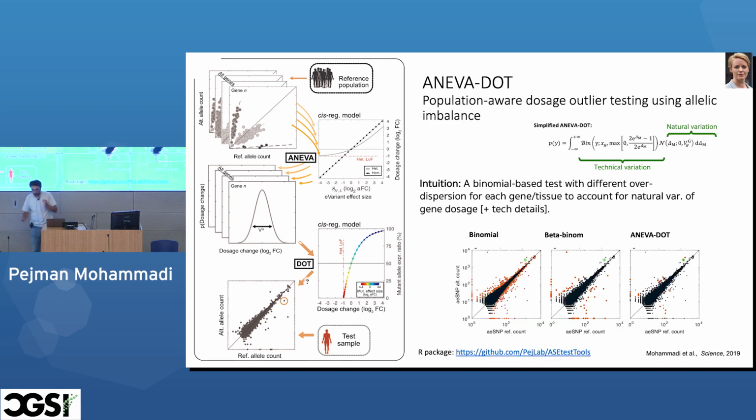I'm not going to go into the details, but this is how it would compare. If you do a binomial, you identify everything that is statistically imbalanced, but then you have so many hits you don't know what to do with them. If you do just the standard beta binomial, you capture things that are clearly outside of the cloud, but those are generally crazy genes that either you're just terrible at modeling or that just wiggle around.